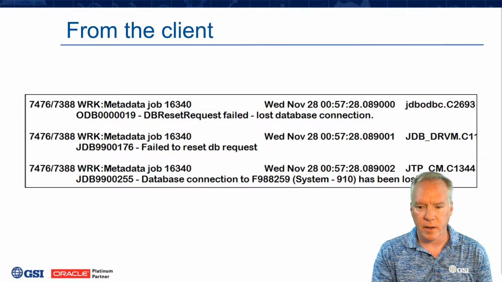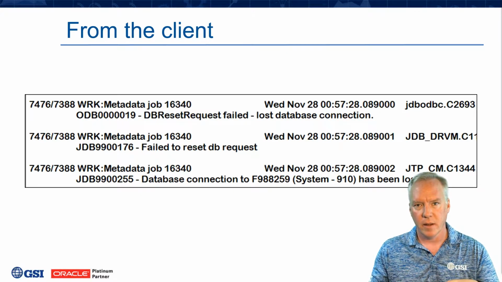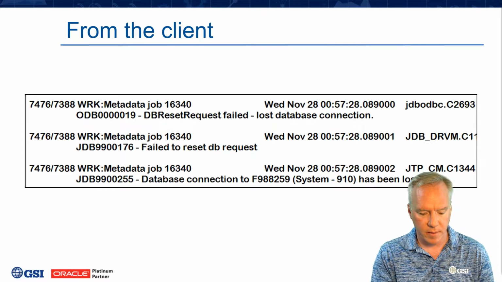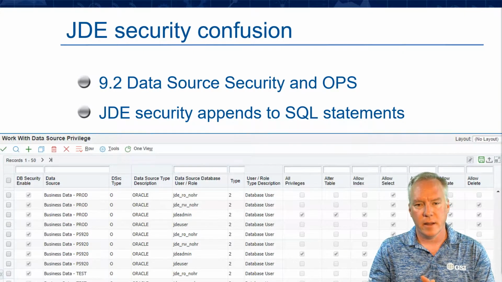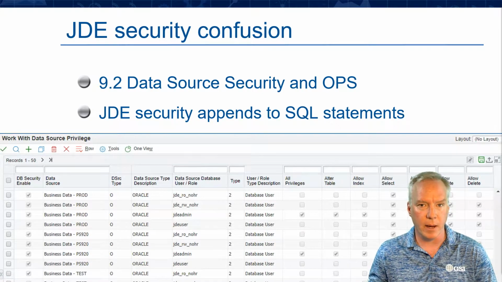Another thing that is hard on troubleshooting things between JDE and the database is JDE security. In JDE security, in the background, there are a lot of things that happen that a user doesn't necessarily know about.